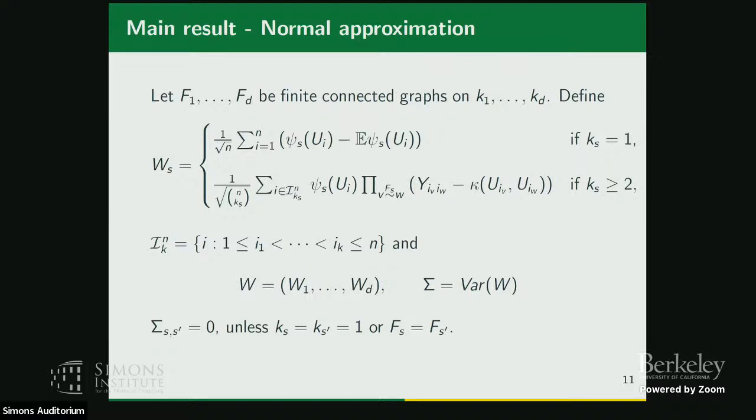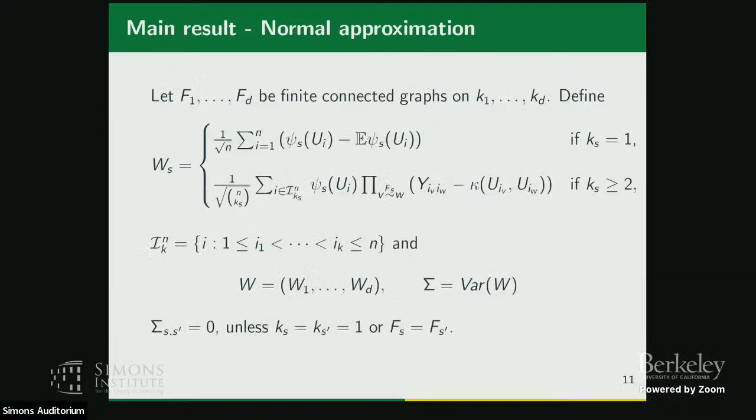So as we mentioned last time in the decomposition, these terms are uncorrelated whenever they are not isomorphic copies, or whenever they are not exactly these two singleton nodes. Otherwise you might see some positive covariance.